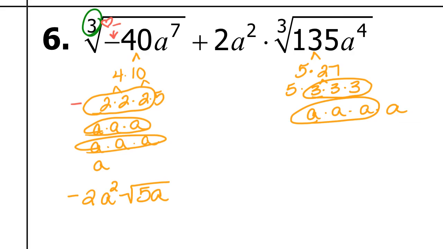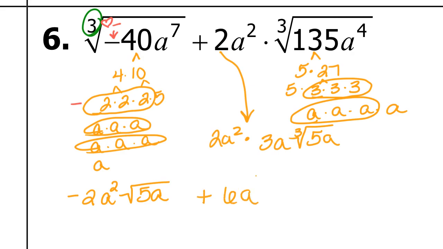And so my radicand simplifies down to 3a cube root of 5a. But I don't want to lose the coefficient that was already there to begin with. So 2a squared times 3a gives me 6a cubed cube root of 5a.